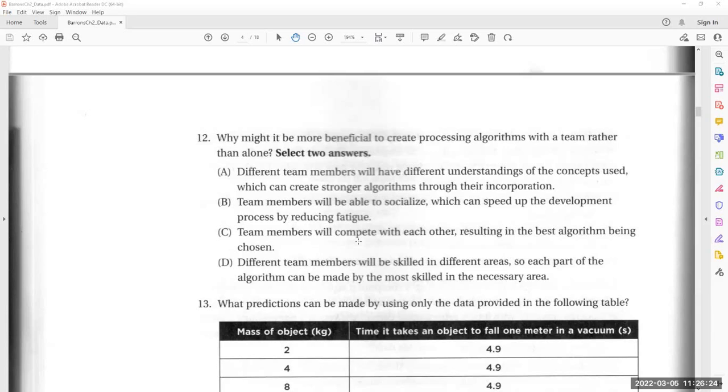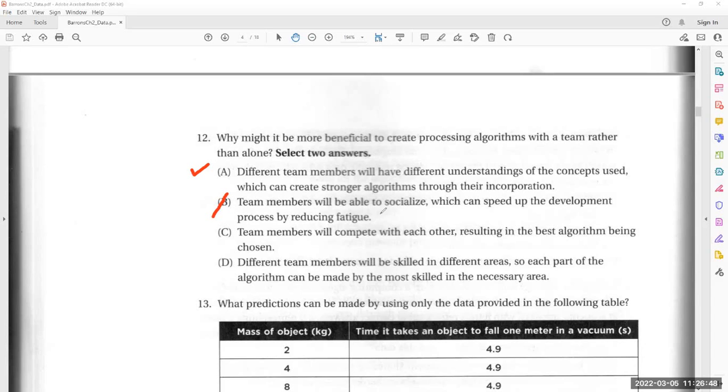So why a team and not alone? This one is asking you why teamwork. Is it B and D? Let's see. B doesn't help. I think it's A and D. A and D, yeah.